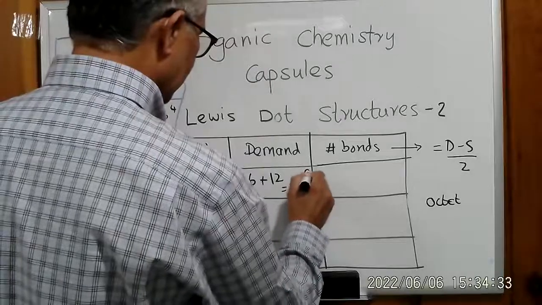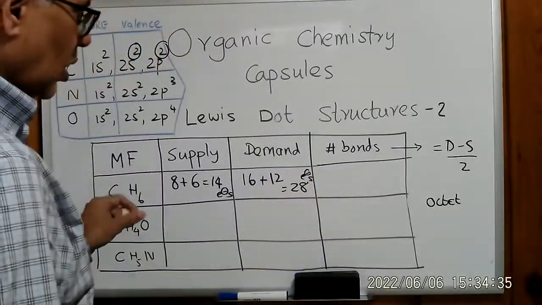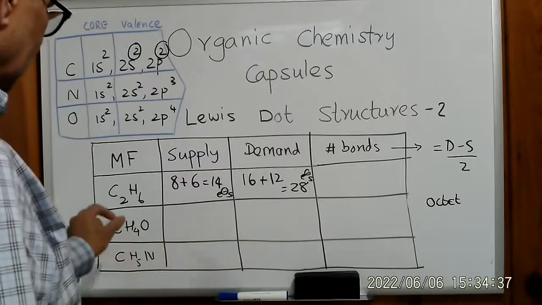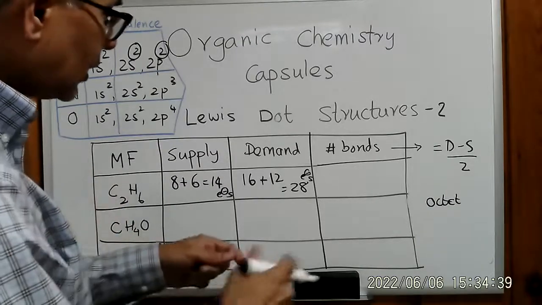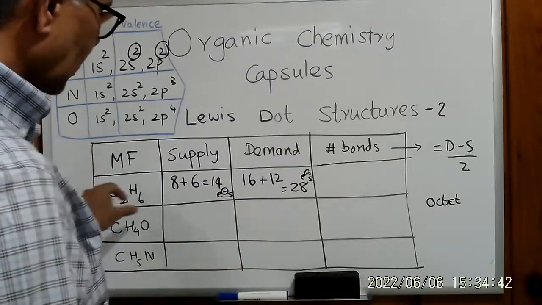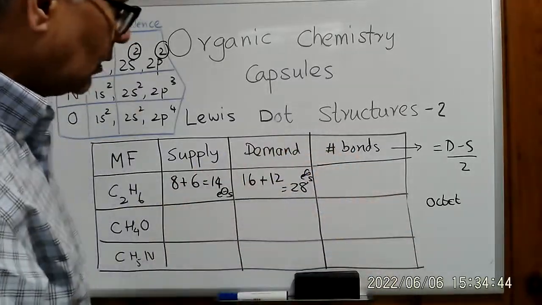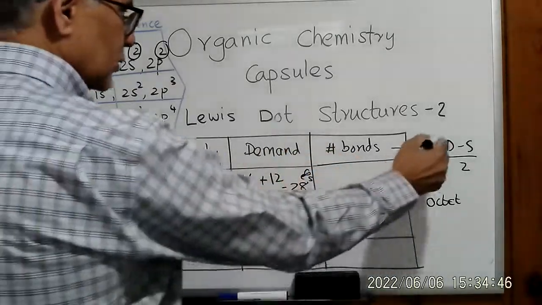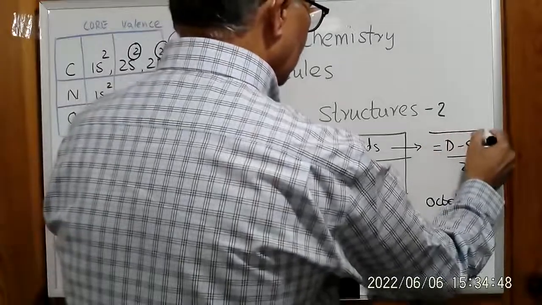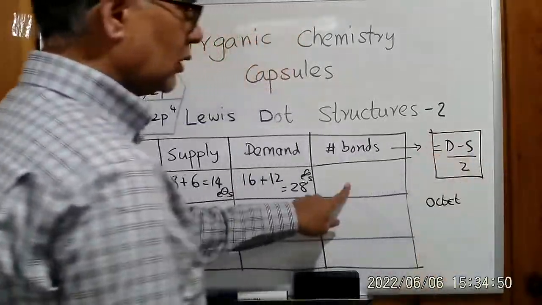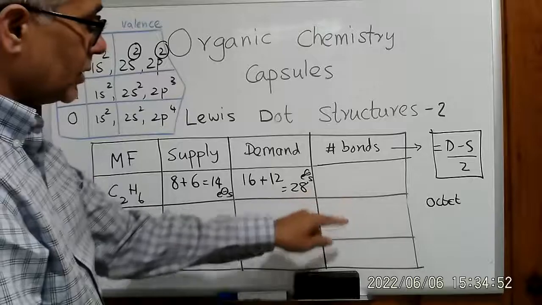16 electrons, 28 electrons. So now, how many bonds will be there to satisfy this molecular formula and all these constraints? This is the formula to determine the number of bonds in a given molecule: demand minus supply, divided by 2.